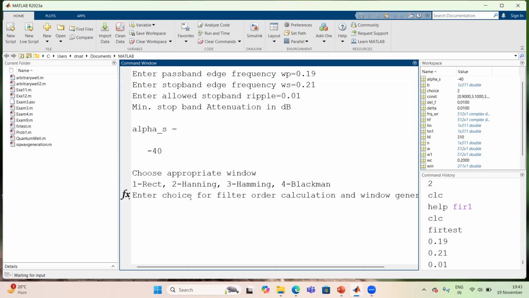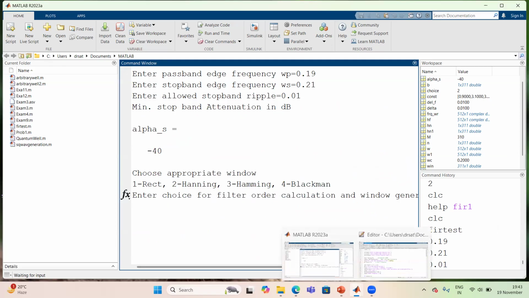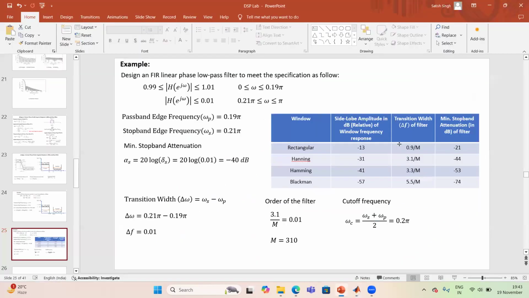From the table I showed you, we cannot choose the rectangular window. We can choose either the Hanning, Hamming, or Blackman window, because all of these will meet or over-meet the specification. If you choose the rectangular window, the specification will be under-met, so we can check it here.